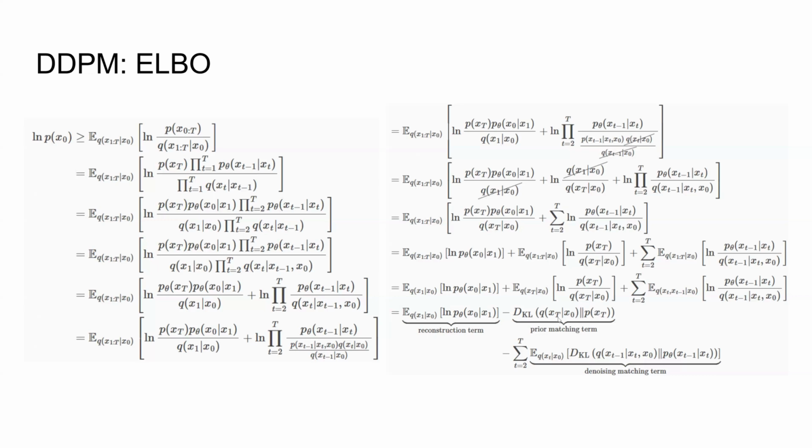And thirdly, you get this denoising matching term, where you calculate the expected value of the KL divergence between this particular distribution and the reverse process distribution that you are going to model, under the posterior distribution of xt given x0. So this is very important.